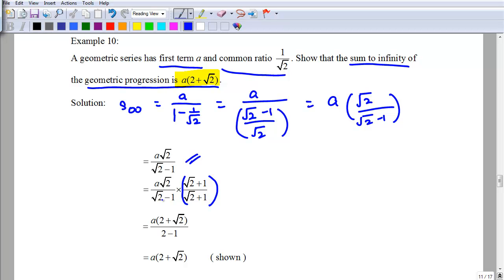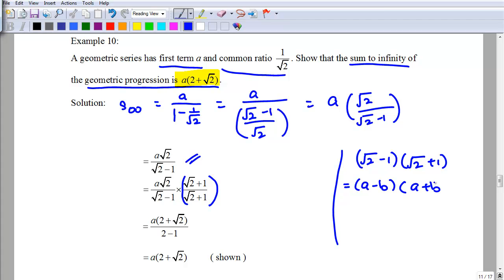When we do this for the denominator, when we have root 2 minus 1 times root 2 plus 1, as a side note, let's write here root 2 minus 1. When we multiply to root 2 plus 1, it is actually akin to a minus b, a plus b, where a is root 2 and b is 1.